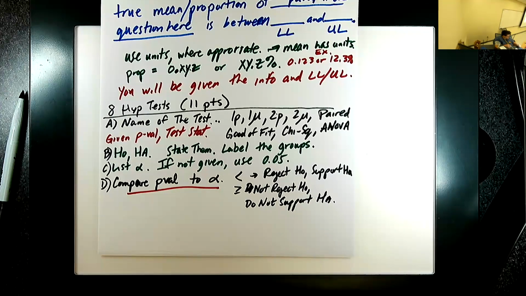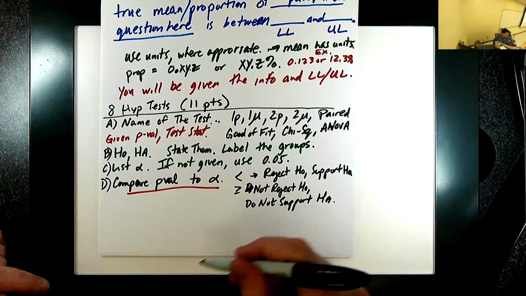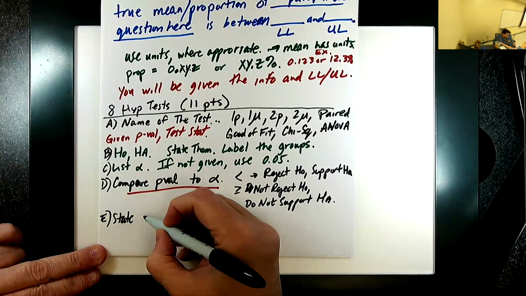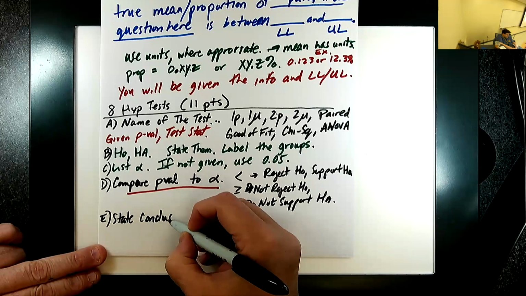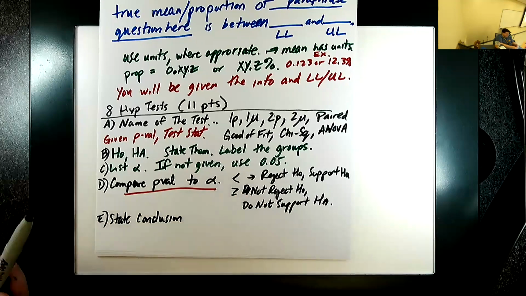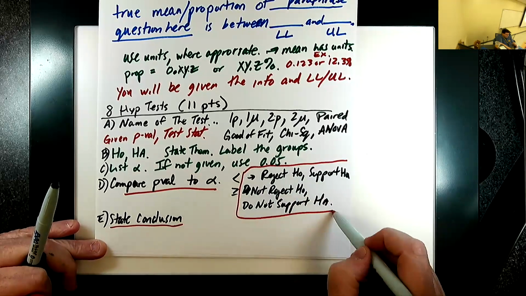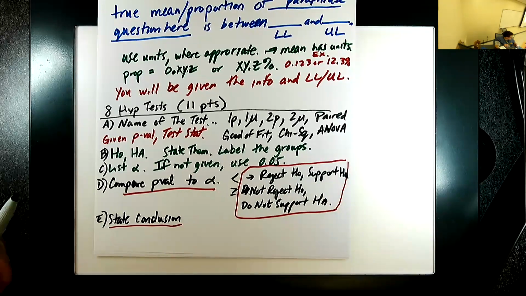If what you put there matches part E, the statement of conclusion, the stuff on the right is important. If these two match, this part over here is optional. I strongly recommend you write that, because if it doesn't match, I don't know where you got it wrong, and so I don't know what you didn't understand.